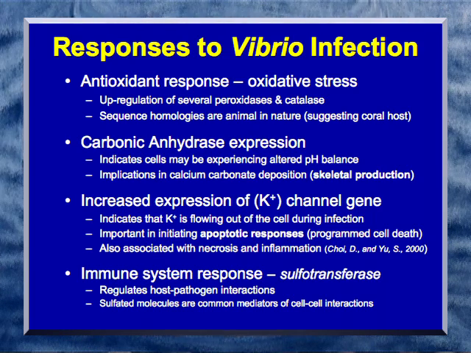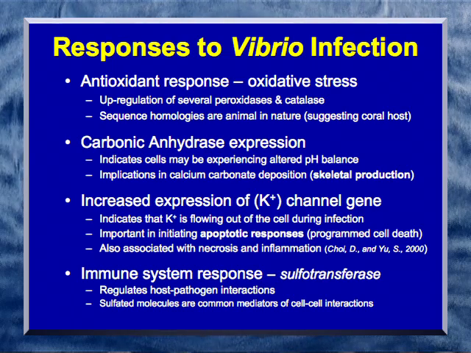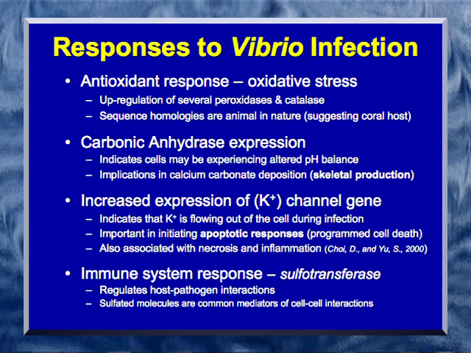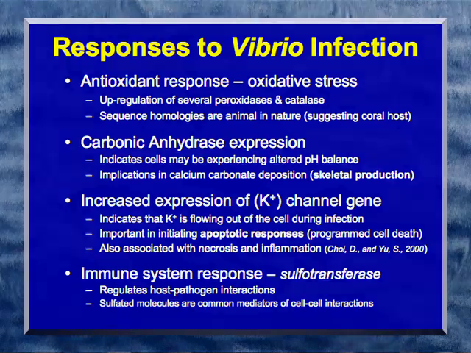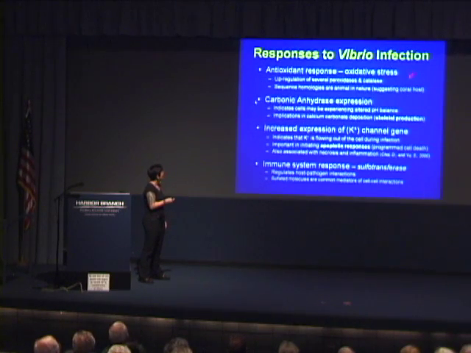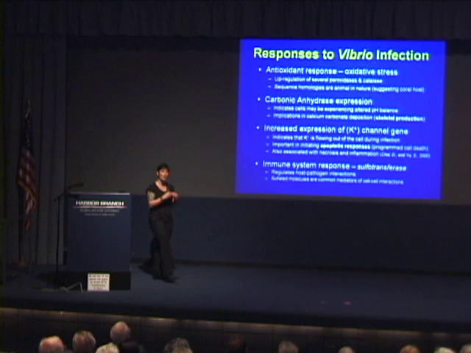They were antioxidant genes trying to deal with an intense production of ROS in the coral tissue. And these were peroxidases and catalases that were upregulated, and the sequence homology of the genes was animal in nature, suggesting that the coral host was producing these antioxidants.